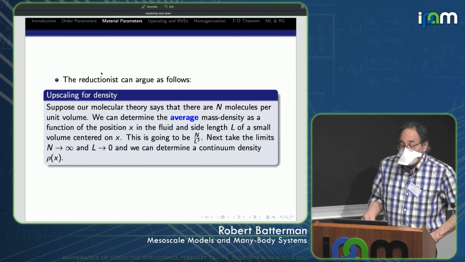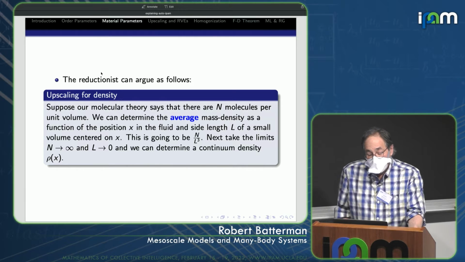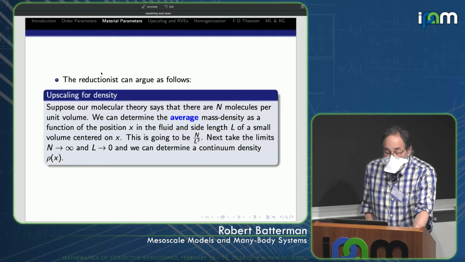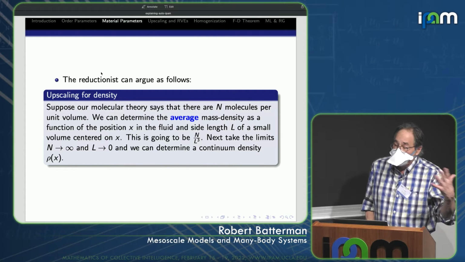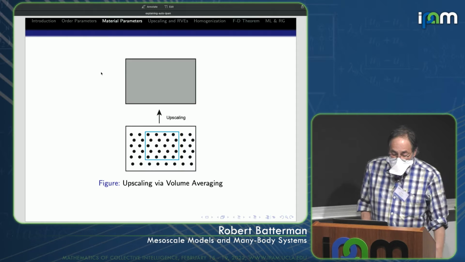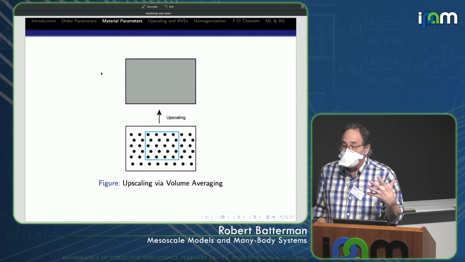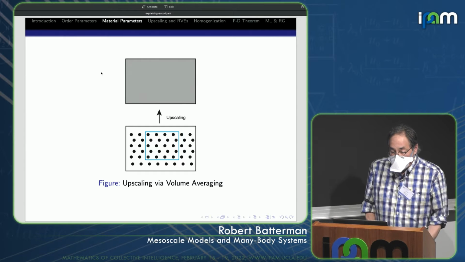We can determine average mass density as a function of position in the fluid and side length L of a small volume centered on X. That's going to be n over L cubed, and then we just take the limits and we get a density which is a function of the position X. And so we've solved our upscaling problem via volume averaging.